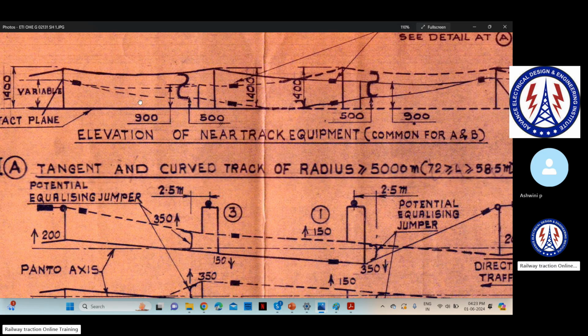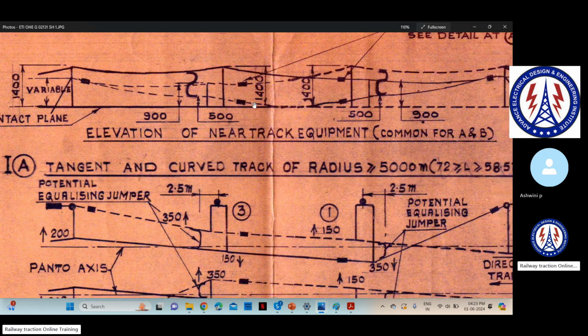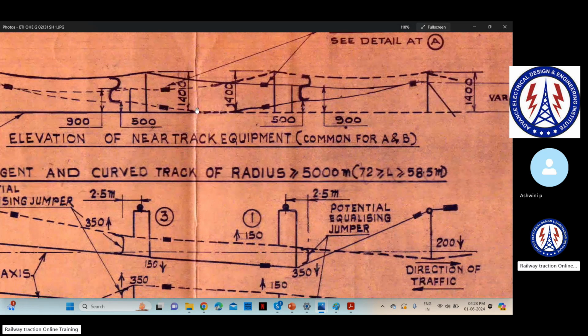So that they have to maintain. So we raise it over here, but you see the contact wire how it is coming down over here, and this is where the 2-meter parallel run should be there. What should be there? 2-meter parallel run of the new wire and the old wire should be there.